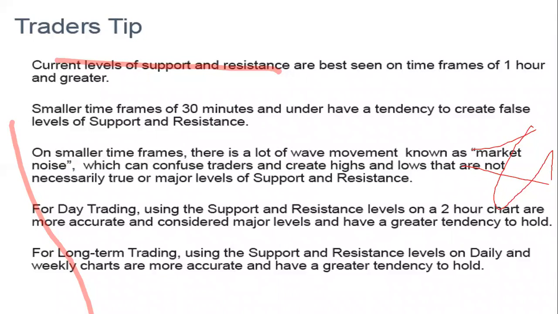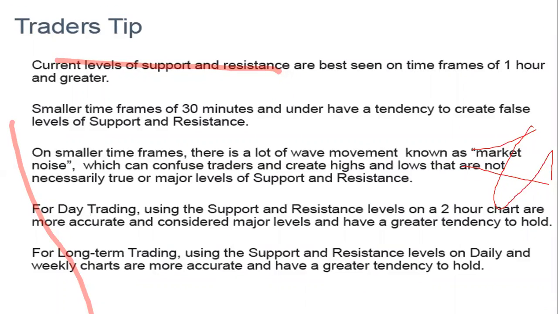Current levels of support and resistance are best seen on time frames of 1 hour and greater. Please take note of that. Smaller time frames of 30 minutes and under have a tendency to create false levels of support and resistance.